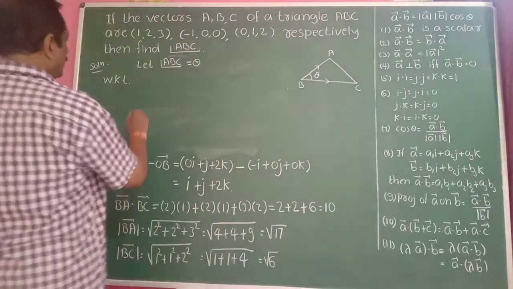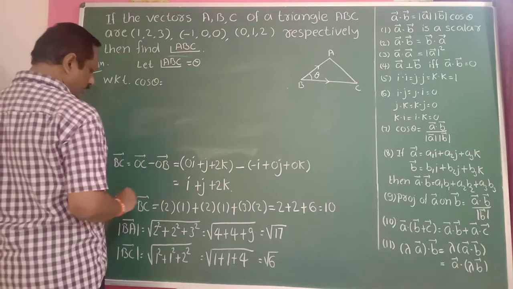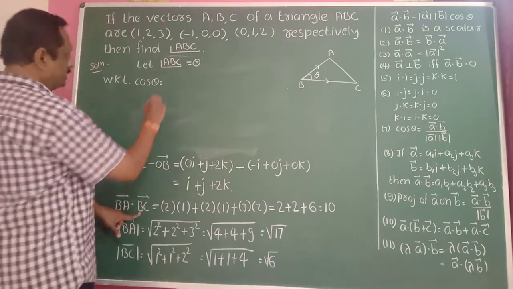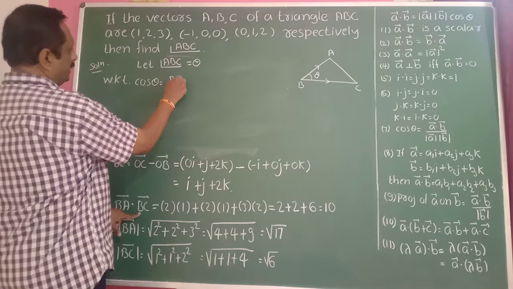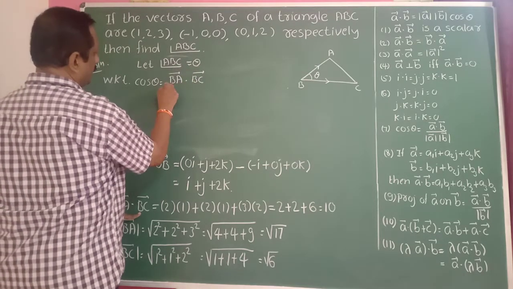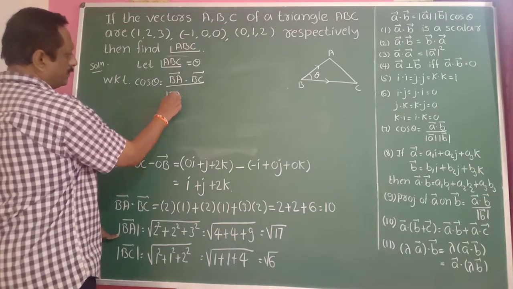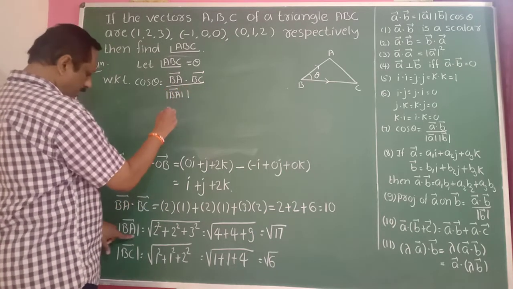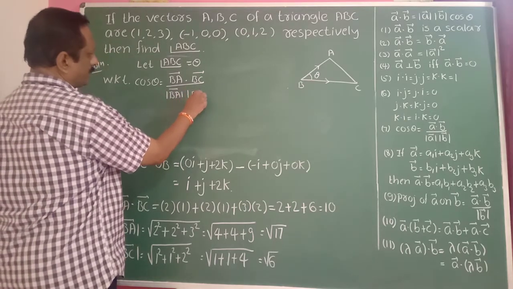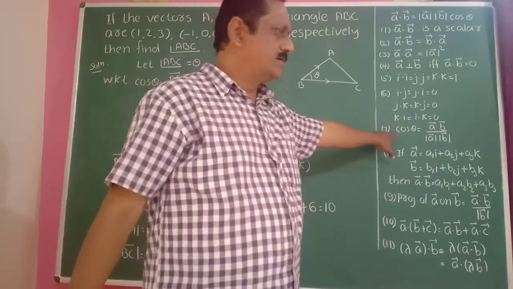Hence cos theta is equal to BA dot BC divided by modulus of BA into modulus of BC. We are using this formula for cos theta.